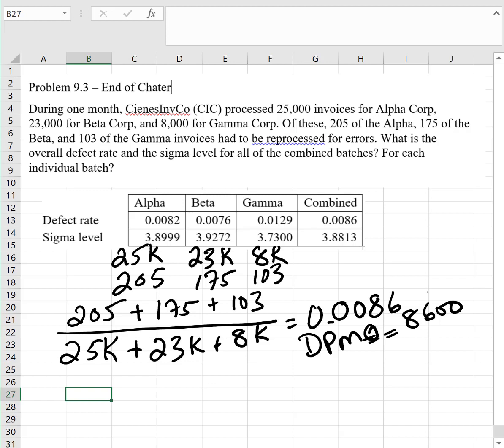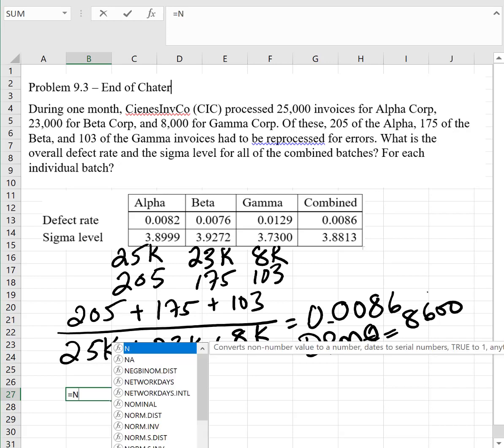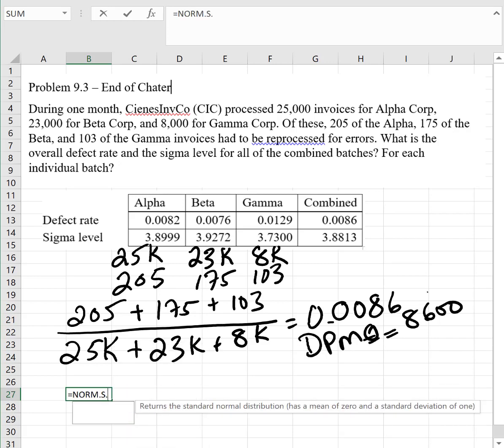Now, to compute the sigma level for the combined process, we would use the inverse of the standard normal function. So NORM.S.INV. If 0.0086 is our defect rate, then 1 minus 0.0086 would be our non-defect rate.